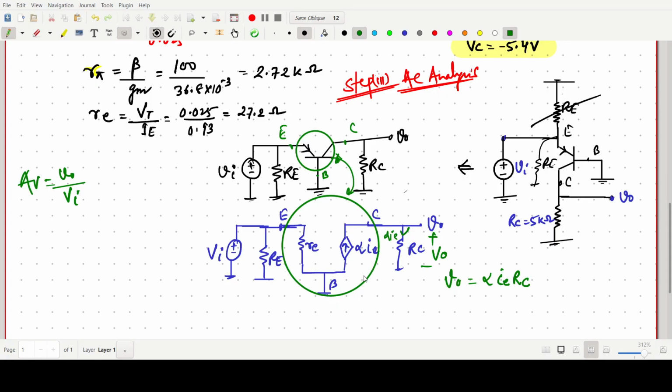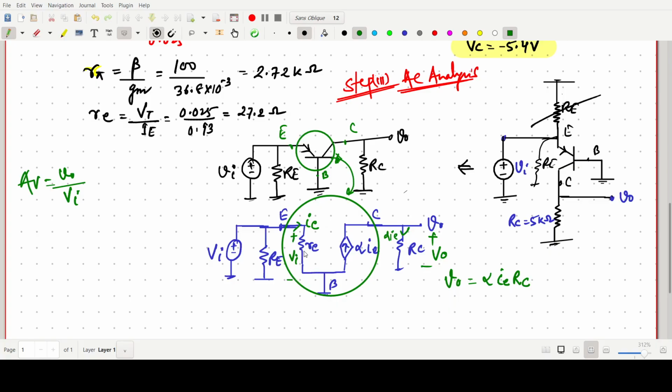Now, if we find this one, this current is our IE. So this voltage, we can say the overall voltage is VI. This one is VI. This voltage is also VI.